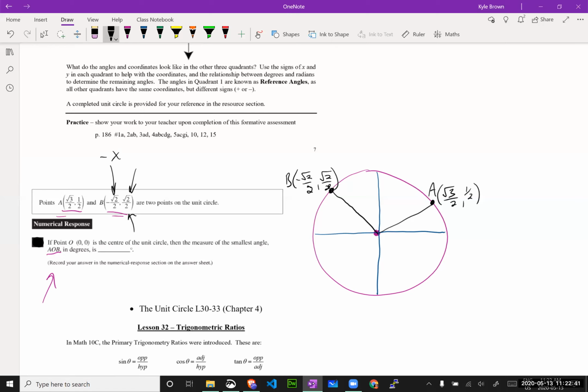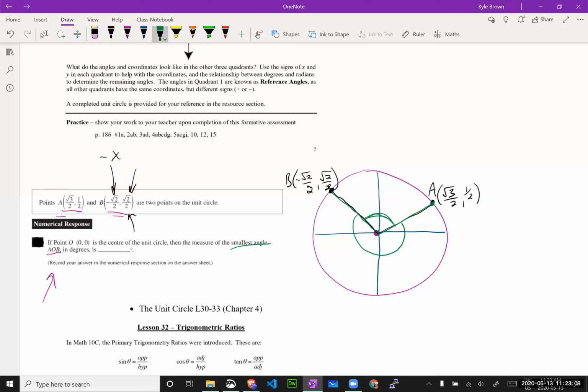Okay, so now in this question, we're just required to understand what the degrees would be, because the question's asking, what's the smallest angle between AOB? So that's between A, O, and B. It says the smallest angle because it could be saying this angle, or it could be wrapping around the backside.